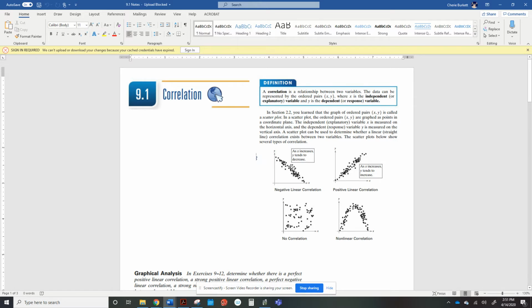So they plotted some data points right here, and then they looked at the trend of each one of the data points. How did they line up? And that relationship that they have is called the correlation.